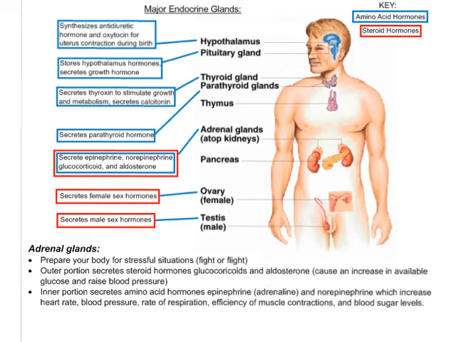Those both cause an increase in the available glucose, and they raise the blood pressure, preparing the body to fight or flee. The inner portion of the adrenal gland secretes amino acid hormones, specifically epinephrine, often referred to as adrenaline, and norepinephrine. Both of these increase heart rate, blood pressure, rate of respiration, efficiency of muscle contractions, and blood sugar levels. Again, they prepare the body to either fight or flee in a very stressful situation.